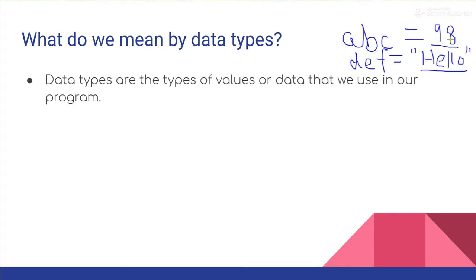So basically these things are called data types. The types of the values or data that we use in our program, for example, type of 98, type of hello. And there can be much more data types than just text and numbers, and we are going to see that right now.